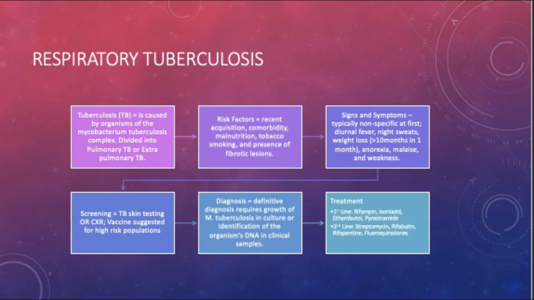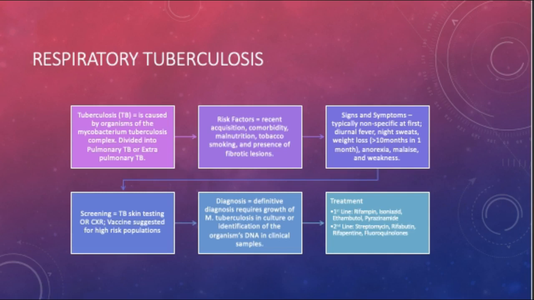So some of the common sites include lymph nodes, the pleura, the GU tract, the GI tract, bones, joints, the meninges of the brain, the peritoneum, and the pericardium. Typically, you'll see extrapulmonary TB in HIV patients or immunocompromised patients.